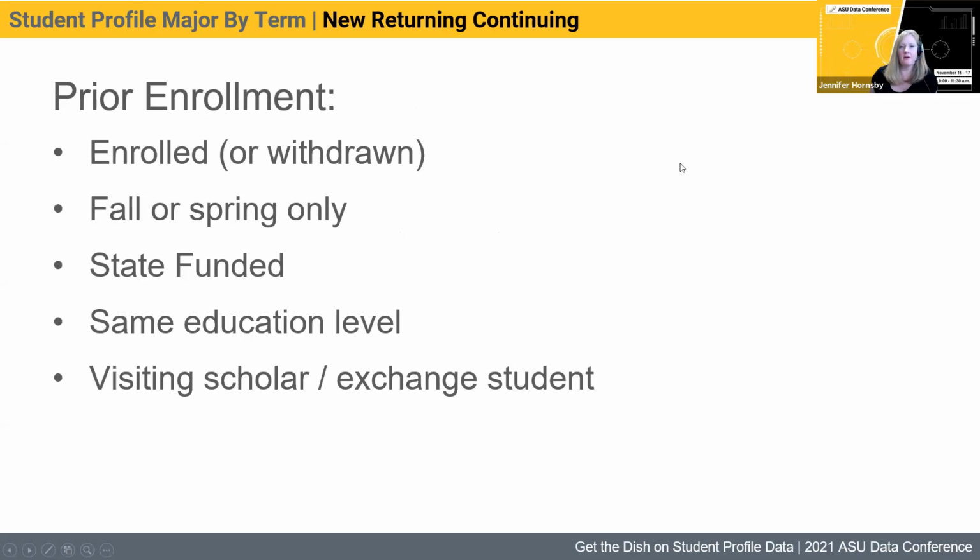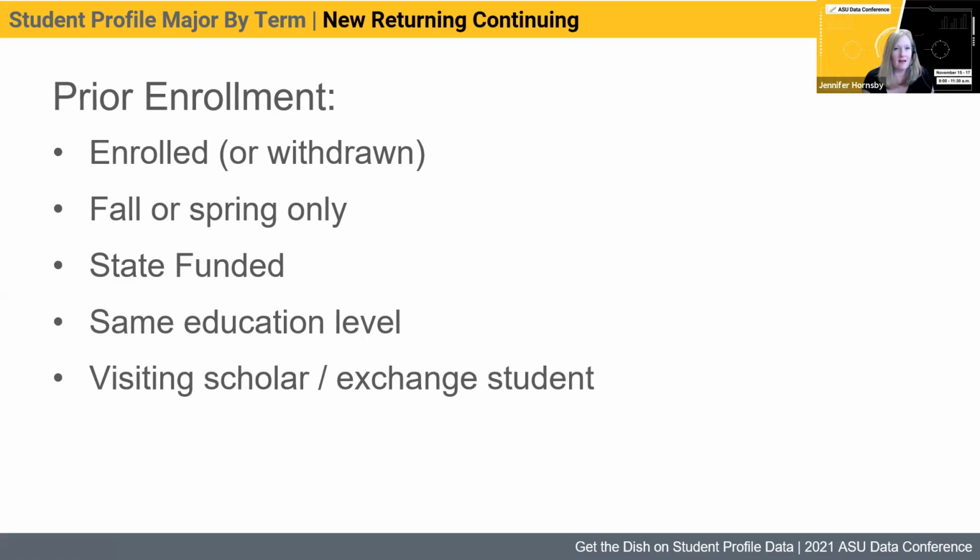Now, what does being here mean? When we look for prior enrollment to calculate new, returning, and continuing, we're only looking to see if they are enrolled in a prior term or withdrawn with at least one W grade. We only look at fall and spring, and we only look at enrollment that was in state-funded classes.